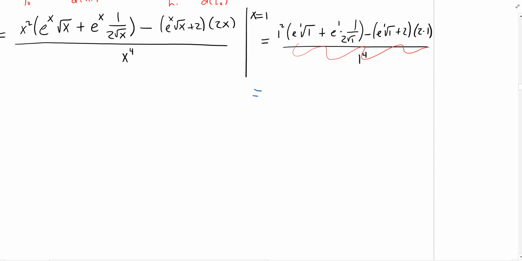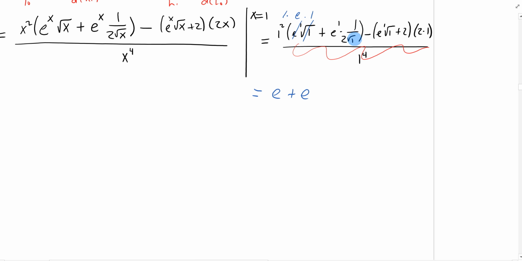So let's clean this up a little bit. So 1 squared times all of this is just going to be all of this. So it's going to be e. The square root of 1 is 1. So e to the 1 is just e. So 1 times e is just e plus e again.